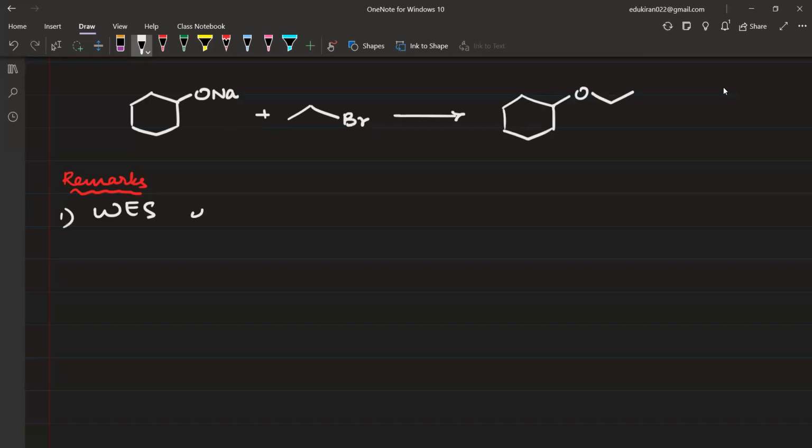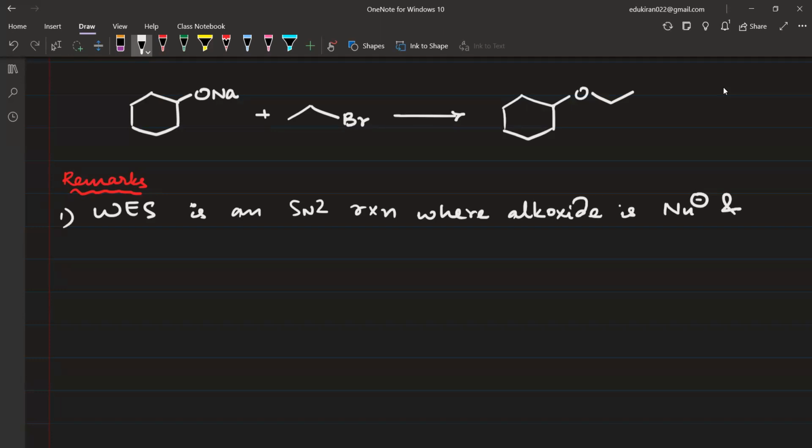Williamson ether synthesis is an SN2 reaction where alkoxide is the nucleophile. It is the one which is attacking. And the haloalkane RX is the substrate.